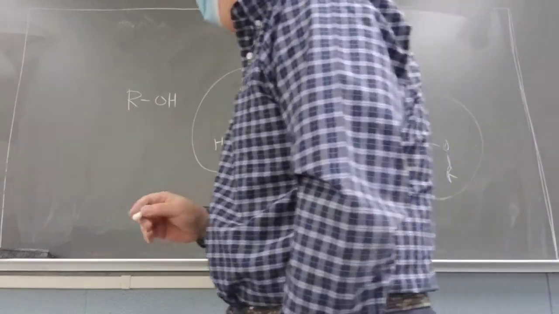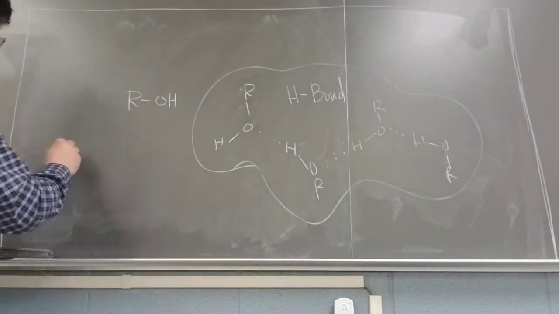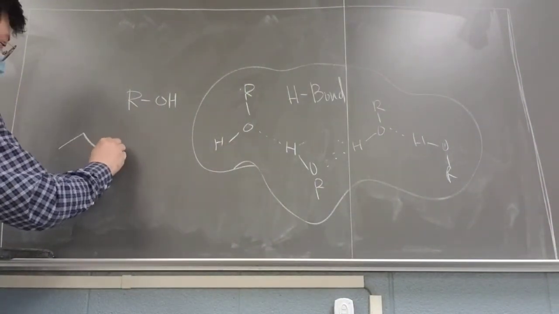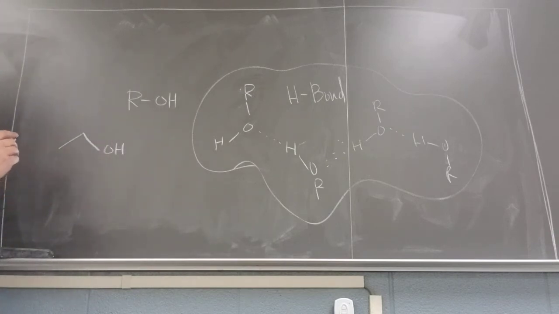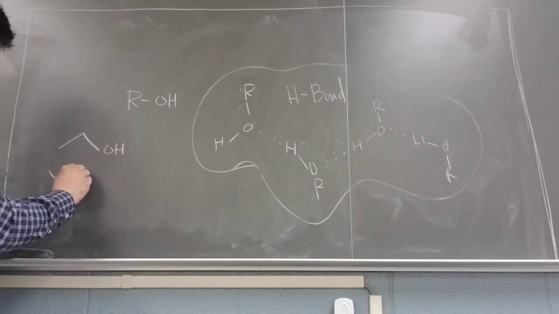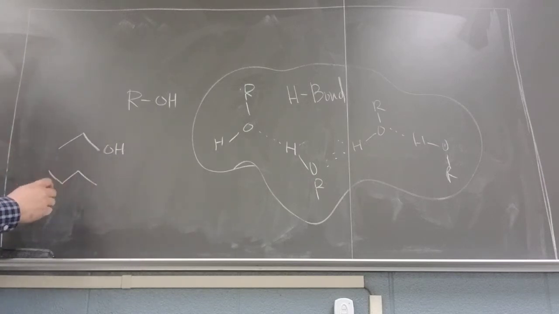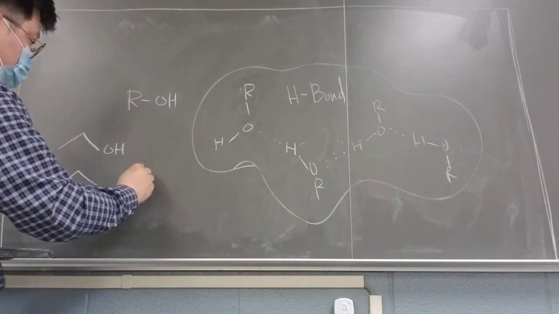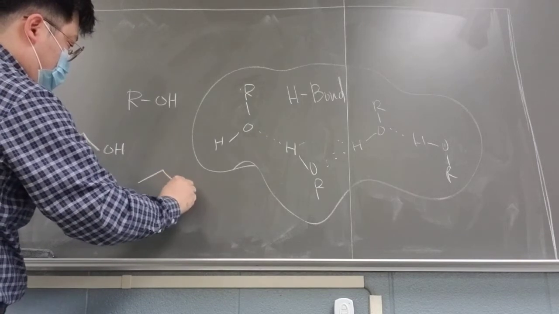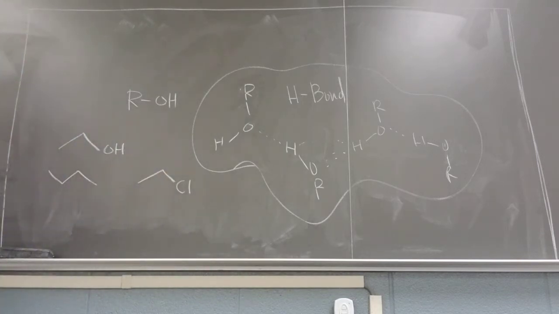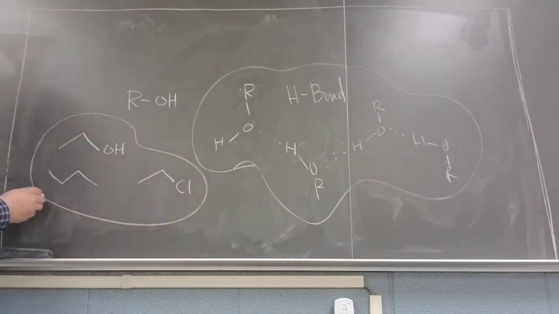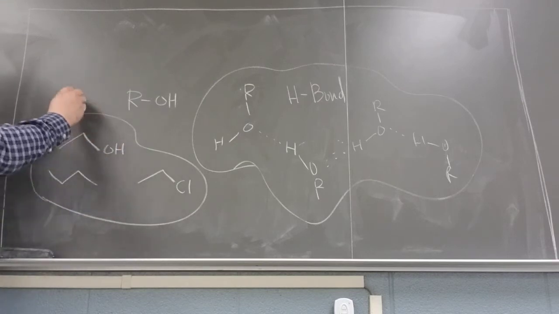So this is the reason why if you have a propanol here, and then you have butane, and chloroethane over here. I'm not going to do all the calculation for you, but they all have a similar molecular weight.